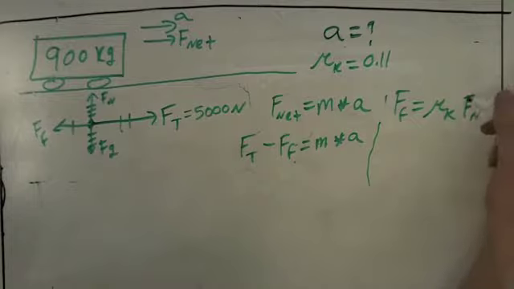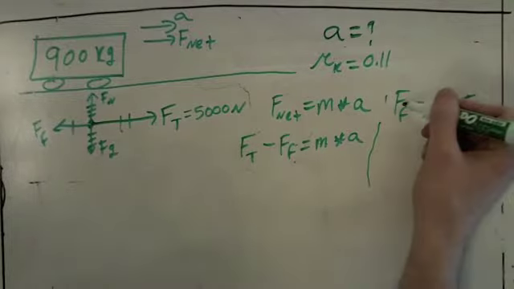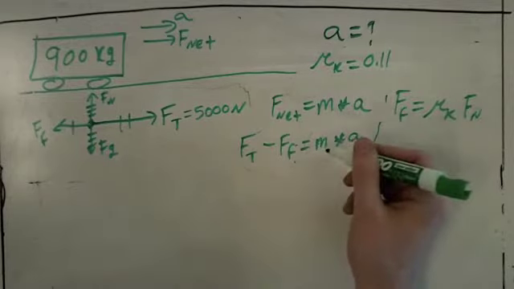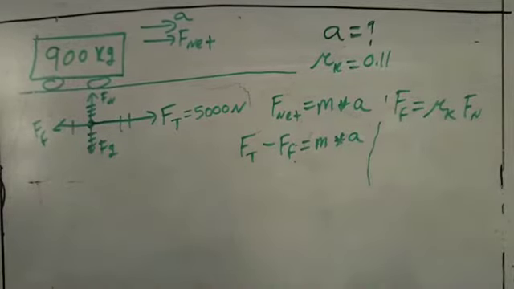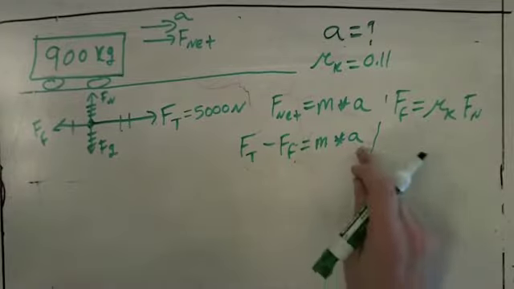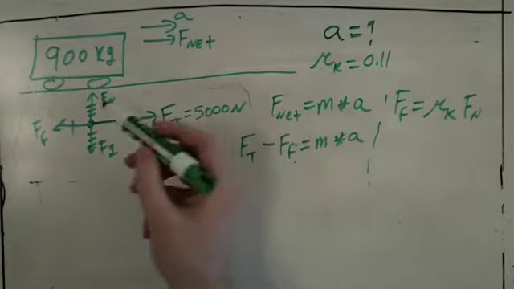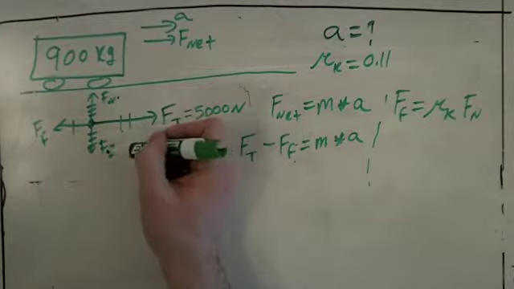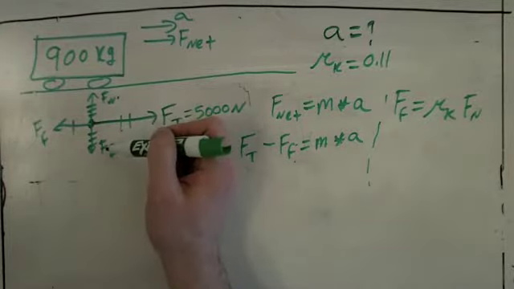So if I knew this value, I could find friction, which I could put back into here and find the net force, divide by the mass, and I would have the acceleration. So I go back to my force diagram. I need this force, and I notice that it's balanced with the force of gravity.